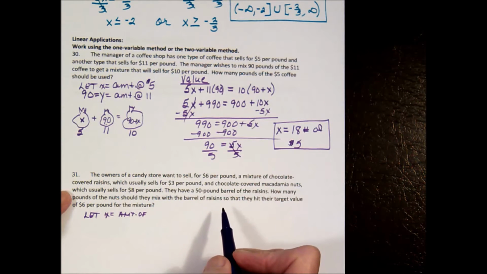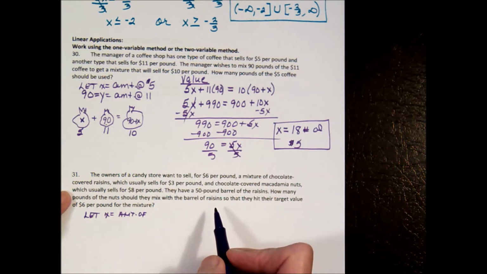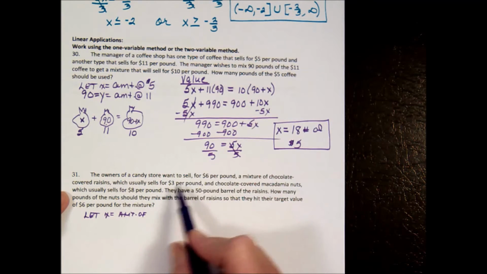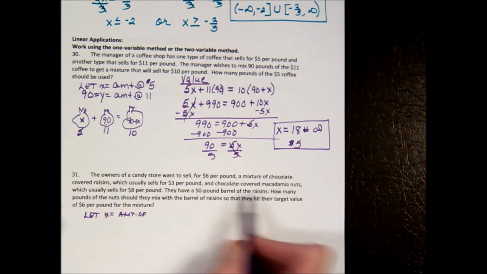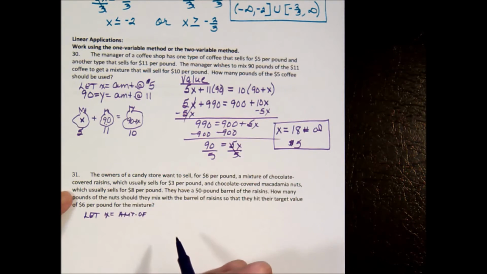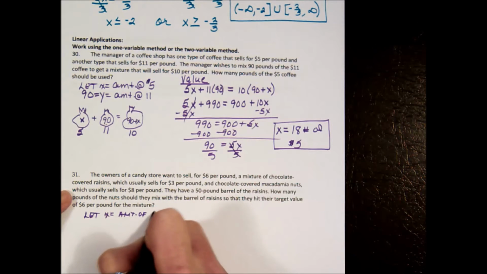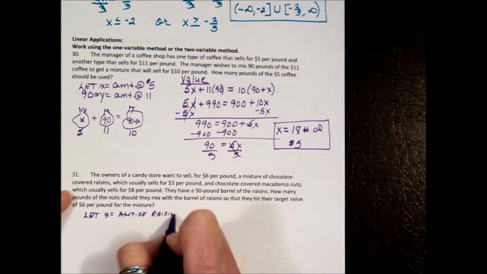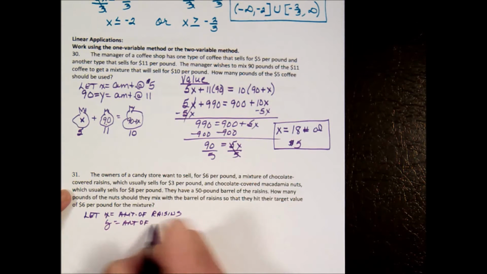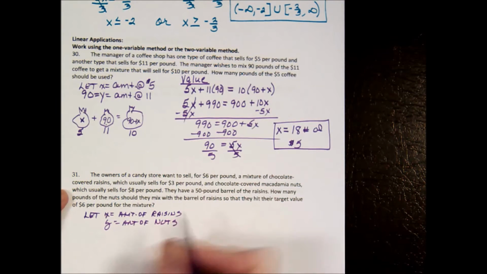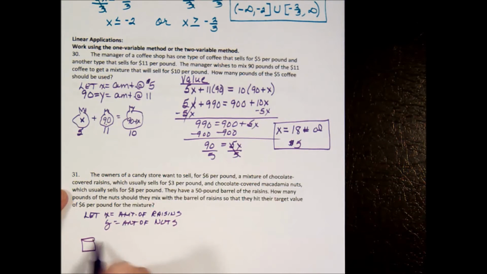So they want chocolate covered macadamia nuts and chocolate covered raisins together. So let x equal the amount of raisins, I'm not going to write chocolate covered, and y equal the amount of nuts. Now I'm going to do the same thing I did in the last one, and then we may have to change it.